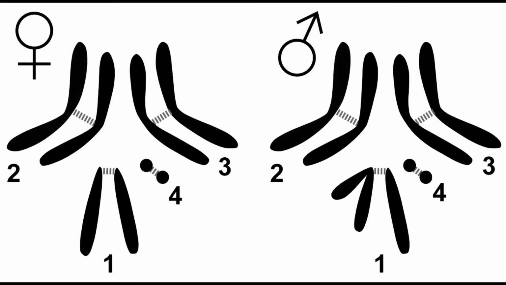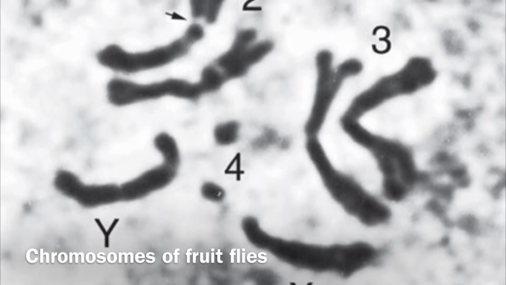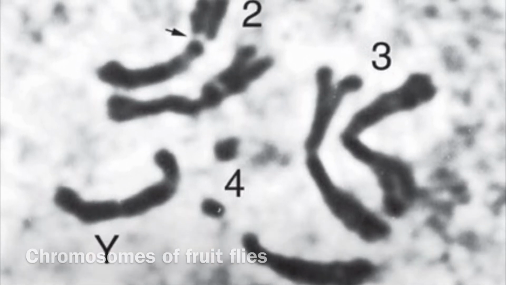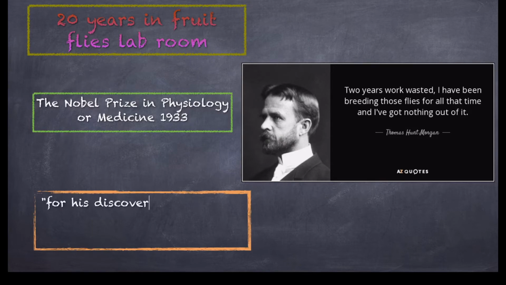And why did he choose fruit flies for his experiment? Well, the simple reason is that a fruit fly reproduces very fast, and it has only 4 chromosomes. And it is actually that room that made him get the Nobel Prize in Physiology or Medicine in 1933.